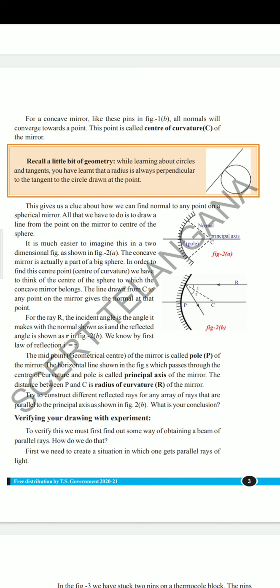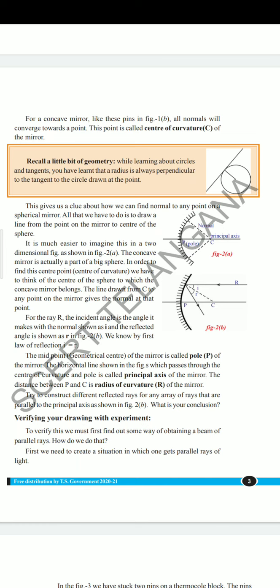The concave mirror is actually a part of a big sphere. In order to find its center point, the center of curvature, we have to think of the center of the sphere to which the concave mirror belongs. The line drawn from C to any point on the mirror gives the normal at that point.